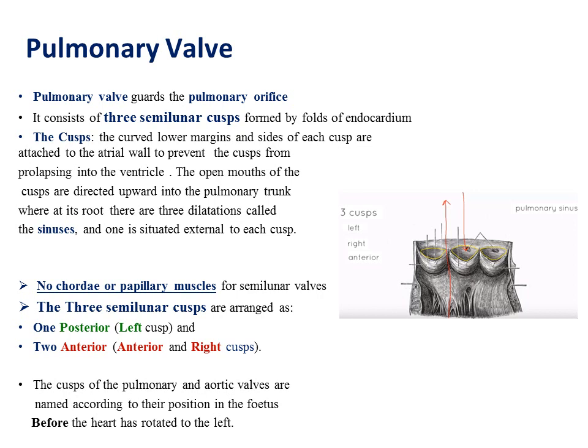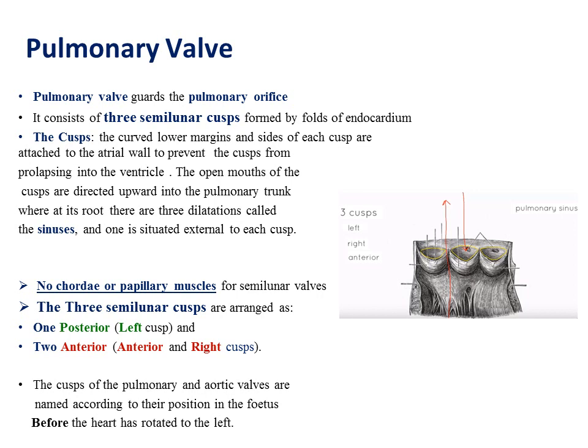The cusps have curved lower margins, attached to the wall to prevent the cusps from prolapsing into the ventricle. The open mouths of the cusps are directed upwards to be filled with blood on closure.